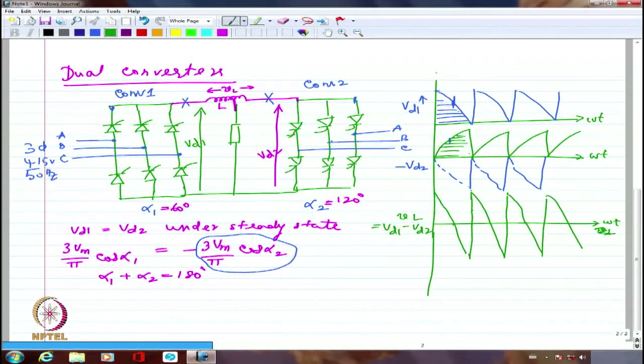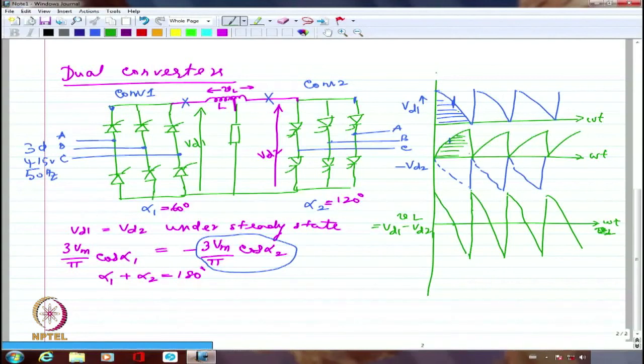So the net voltage across the inductance happens to be 0. Even for 60 degrees, the voltage across the inductance is positive here, and negative here. So fluxing happens in one case, defluxing happens in the other case. This is going to repeat itself until time immemorial, as long as it operates.